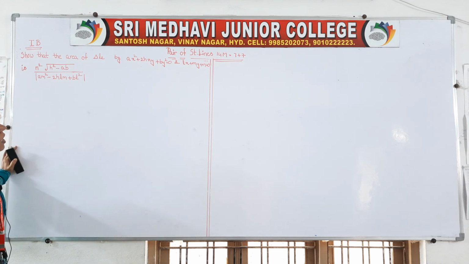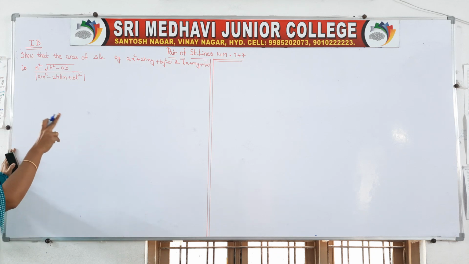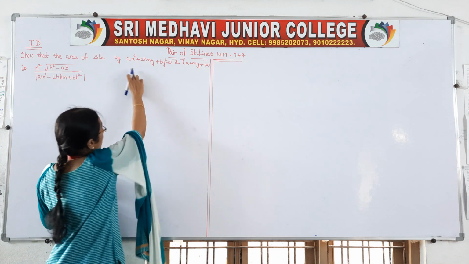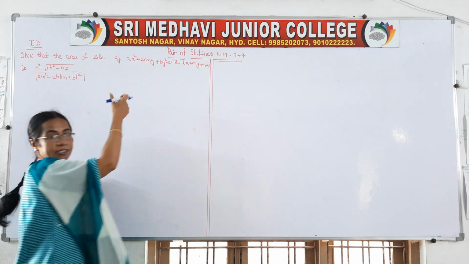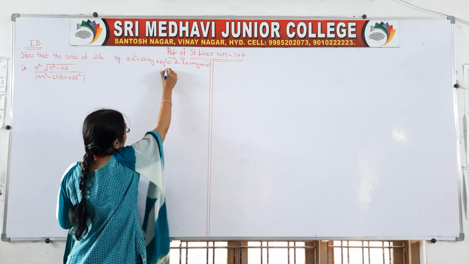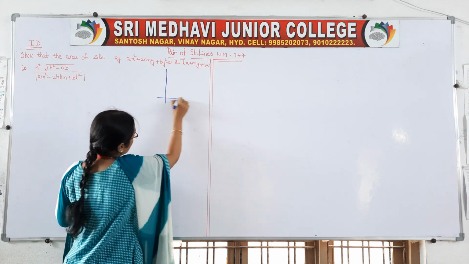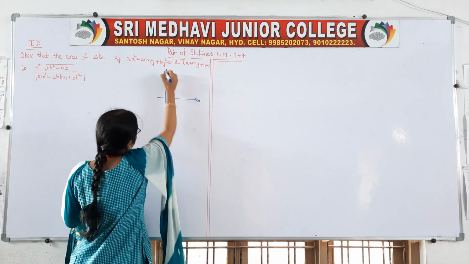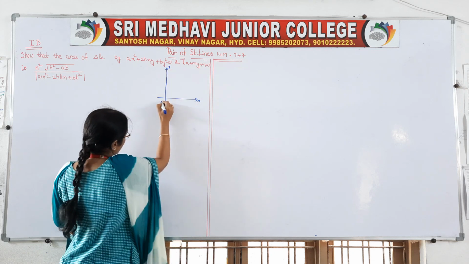First come to this one. Show that the area of the triangle formed by this pair of lines and one line is this one. You know it very well. It is a combination of two lines, a pair of lines. This is your x-axis, this is your y-axis.